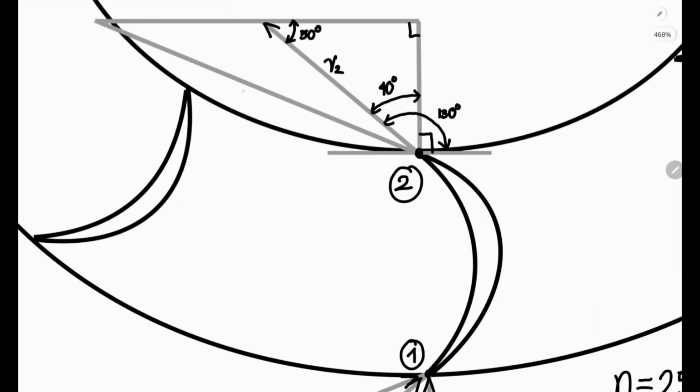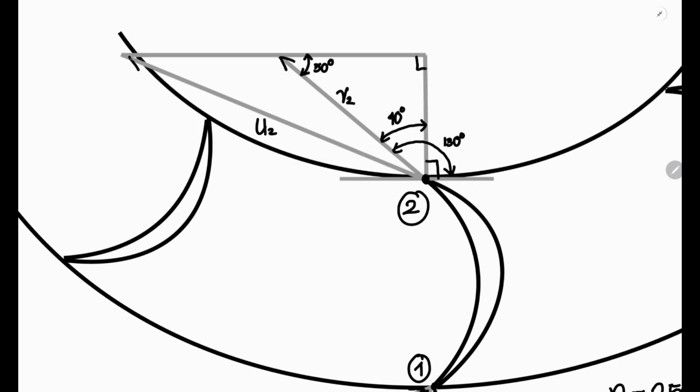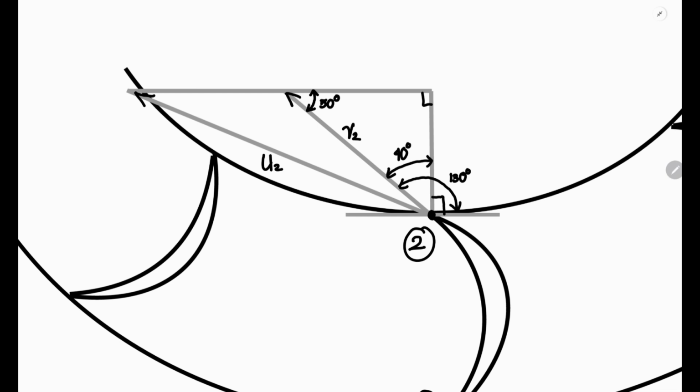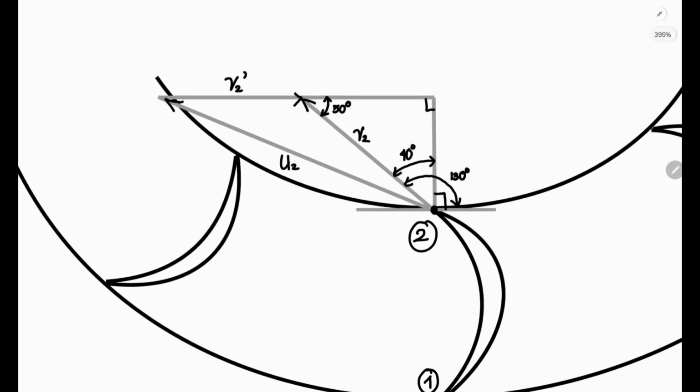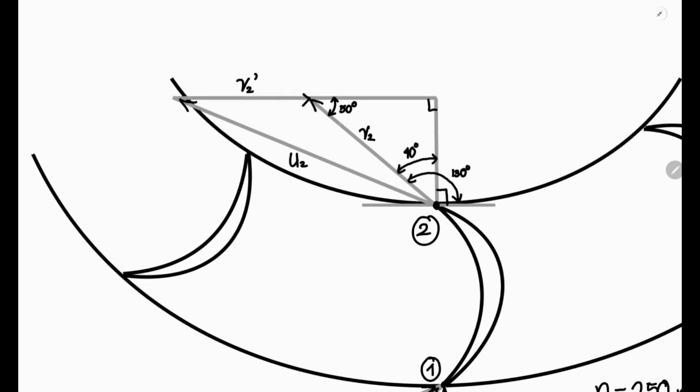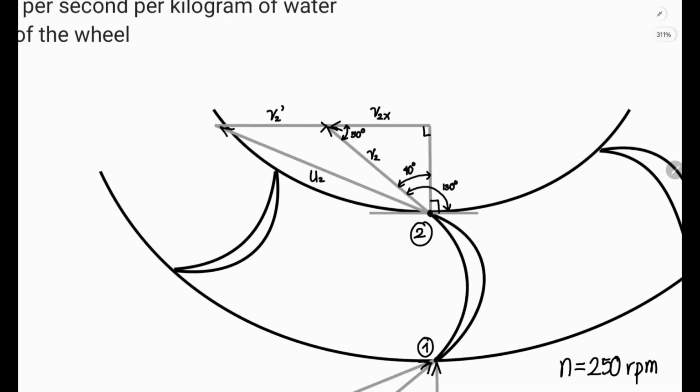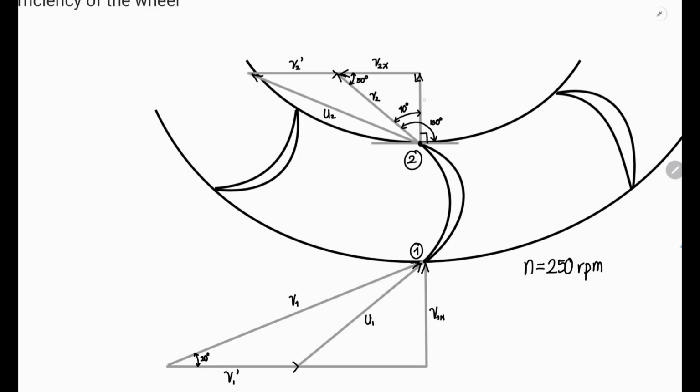So if that is our V2, therefore this is our U2 directed towards the upper right, and then this is your V2 prime. Ayan. So kung ito yung ating V2, therefore itong line na yan, yung velocity na yan ay V2x. And then this one, yung velocity na to, this is V2n.